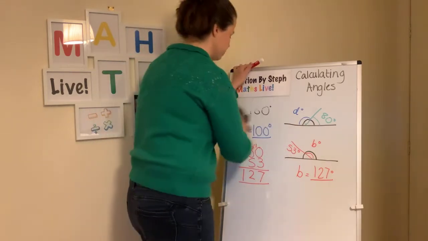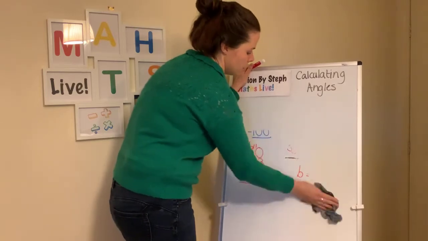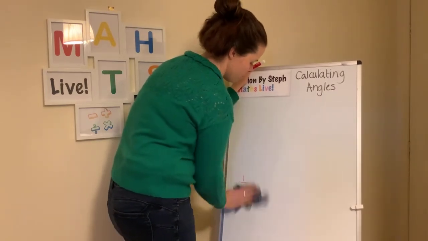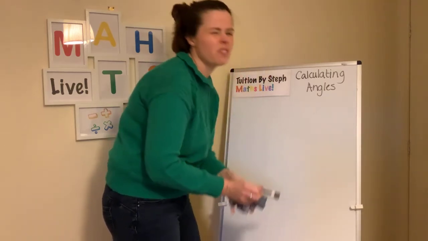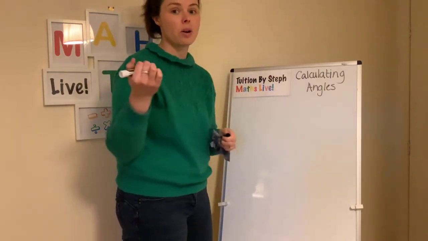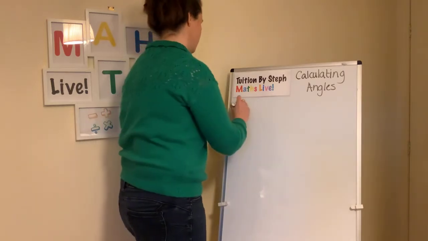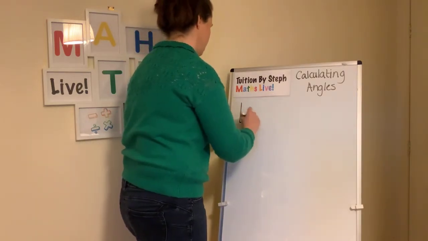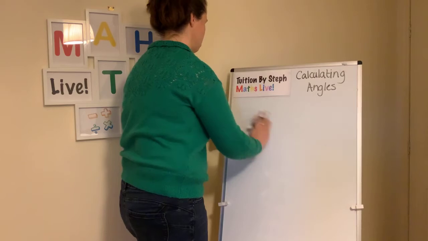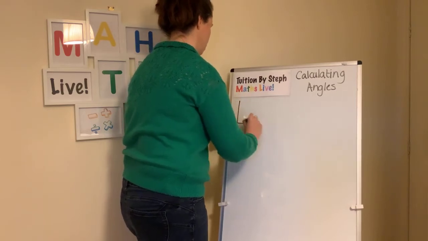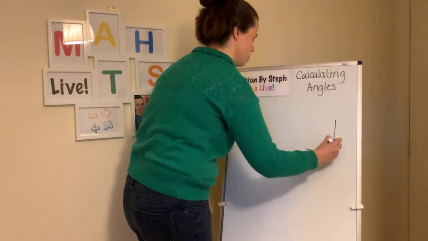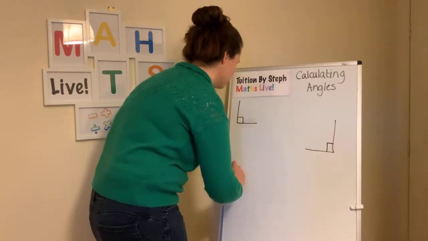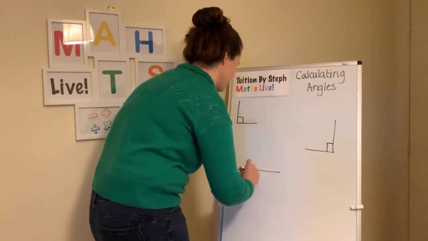Right, your turn. So I'm going to give you 3 questions. I'd like you to have a go at calculating the sizes of these angles. Oh, draw that a bit bigger. There's one. Put another one there. So you've already got a clue that the first 2 are going to be out of 90.